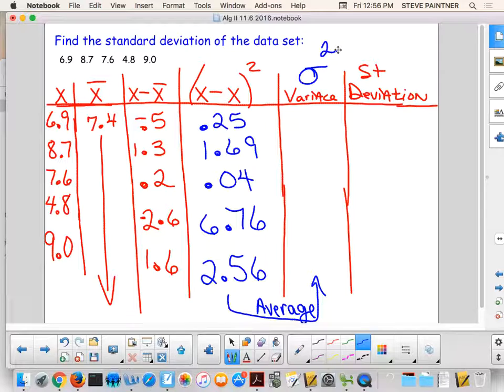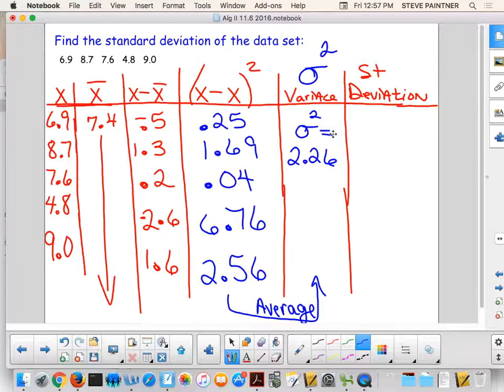Looks like it's going to be a small number. Add, divide by, how much? 5. Okay, what is it? 2.26? Yeah. 2.26 is the variance. Okay, so sigma squared equals 2.26.